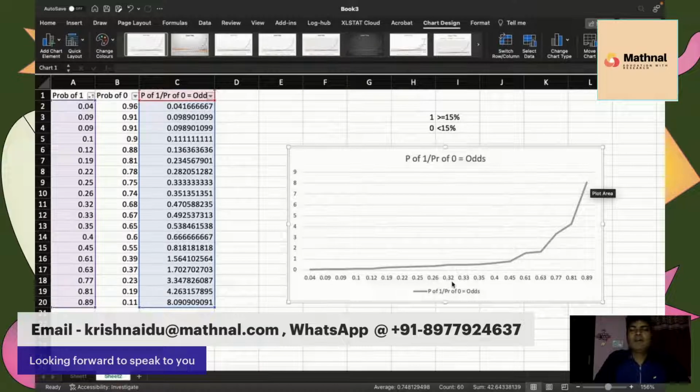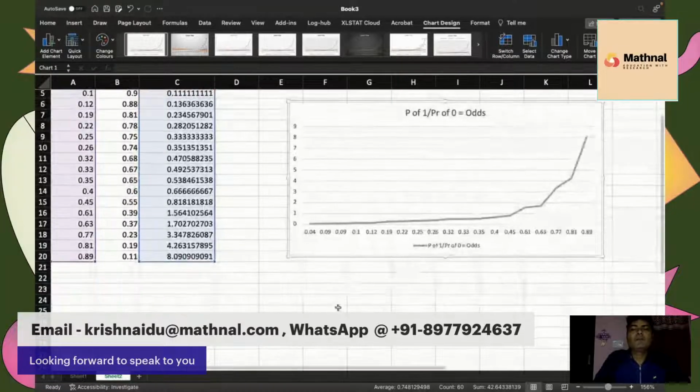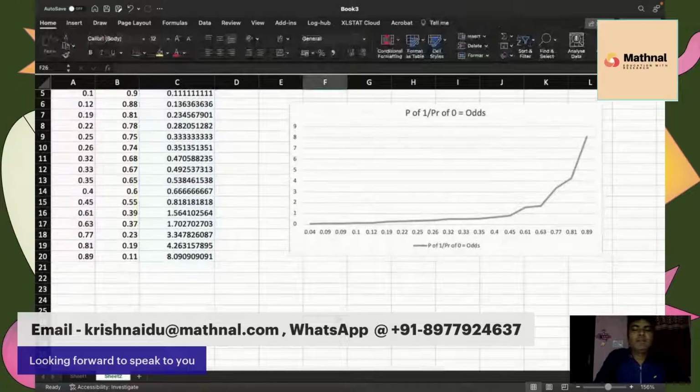If you look at this chart, it looks like an exponential distribution. So I'm going to say that P divided by 1 minus P could be defined as having an exponential distribution.